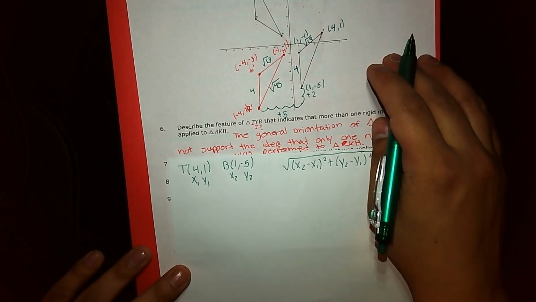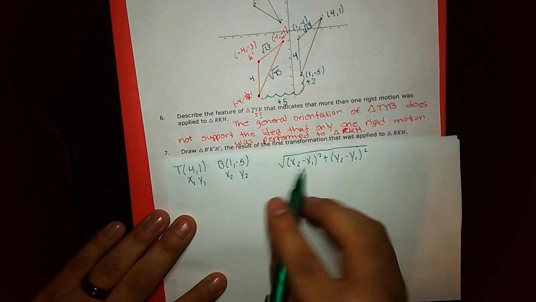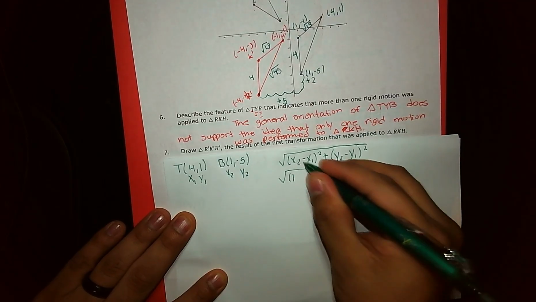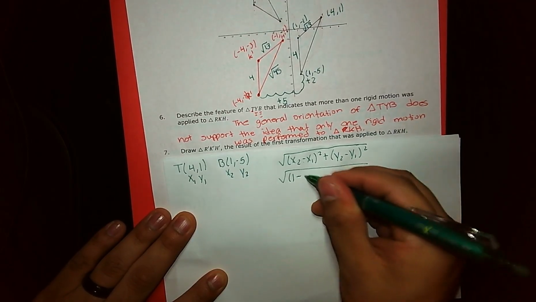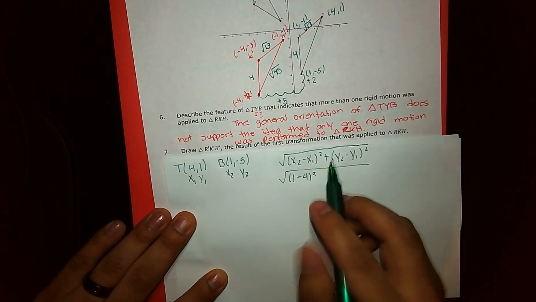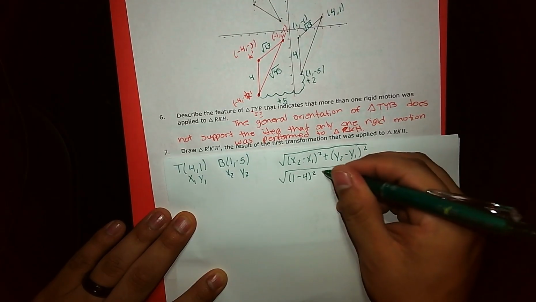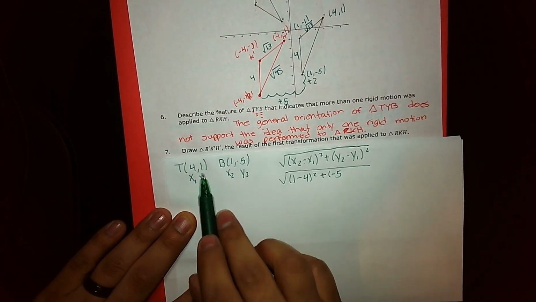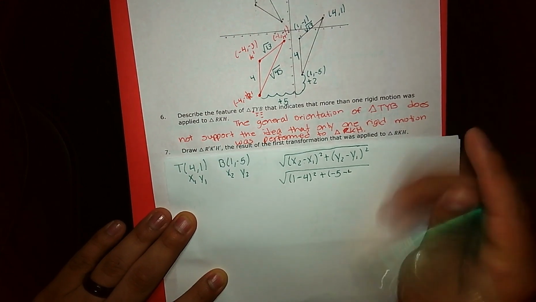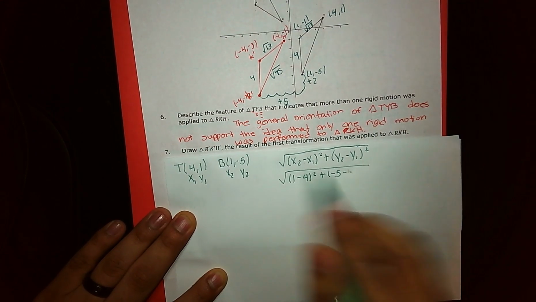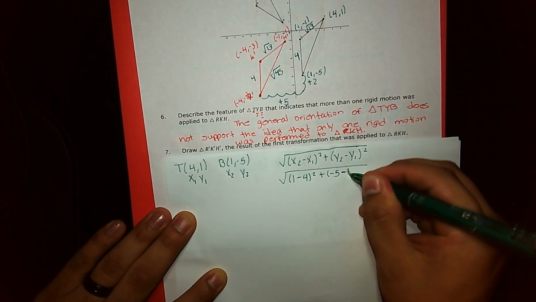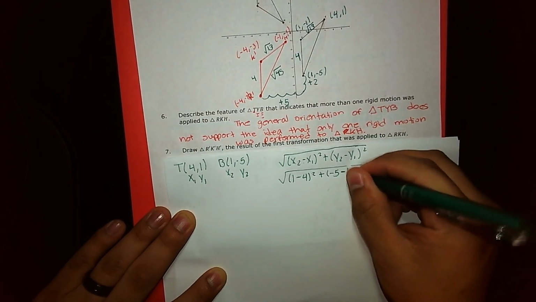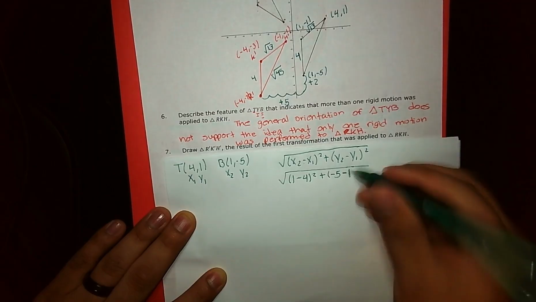So we just plug in. x2, which is 1 here, minus x1, so 1 minus 4 squared, plus y2, which is negative 5, minus y1, which is 1. So negative 5 minus 1 squared.